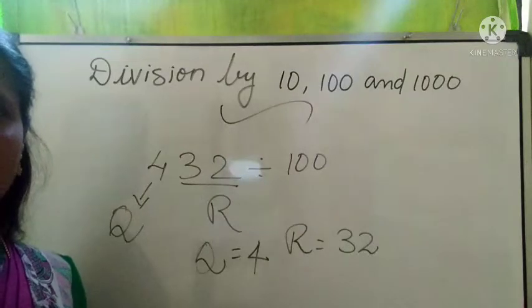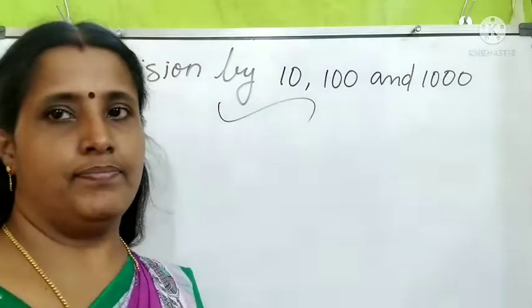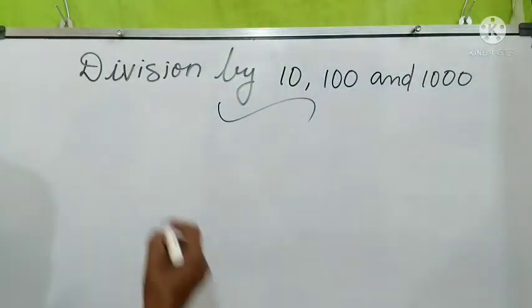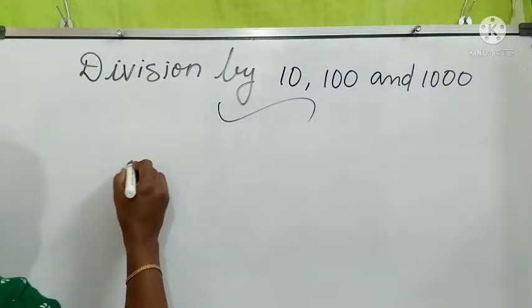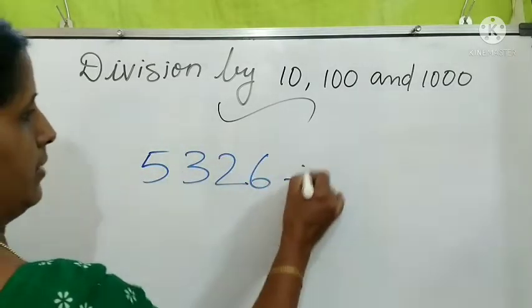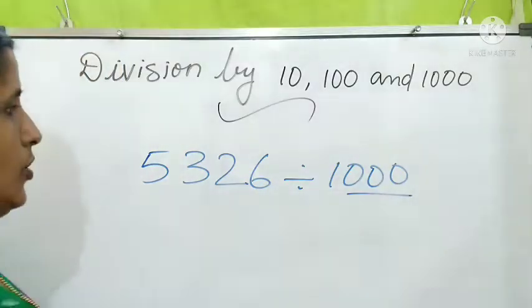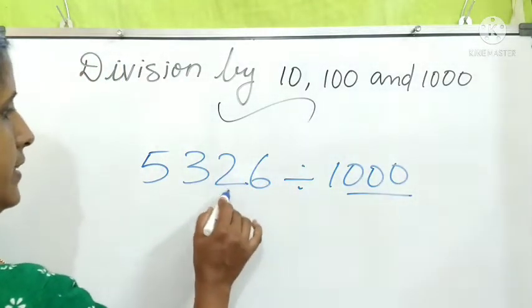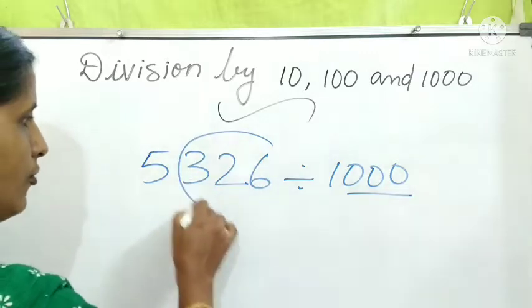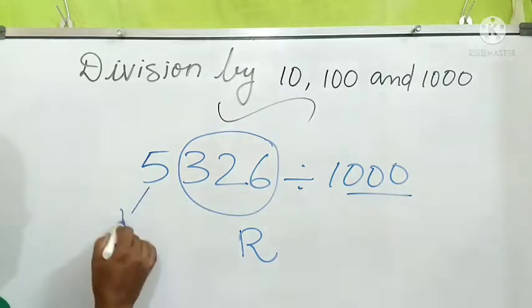Understand all of you? In the same way, division by 1000. I'll give one example. 5326 divided by 1000. 1000 has 3 zeros. So the hundreds, tens and ones places form the remainder and the remaining places form the quotient.